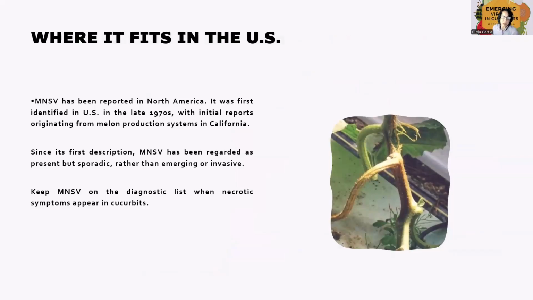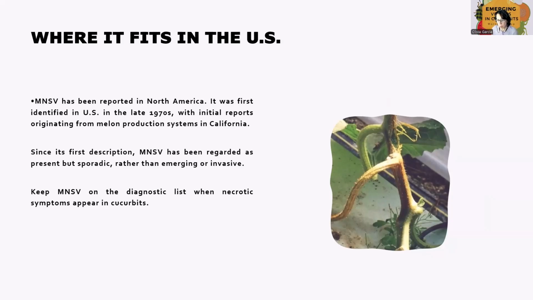MNSV was first identified in the US in the late 70s, with initial reports originating from melon production systems in California. Since its description, it has been regarded as present but sporadic.